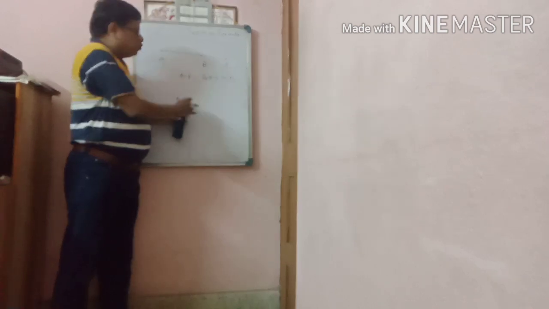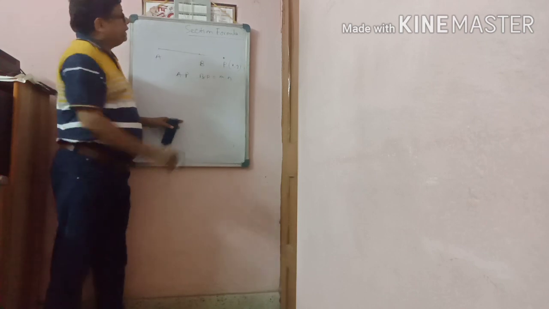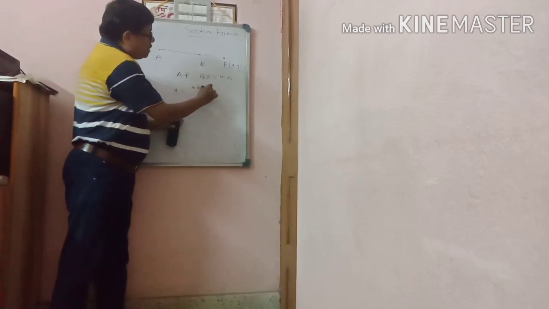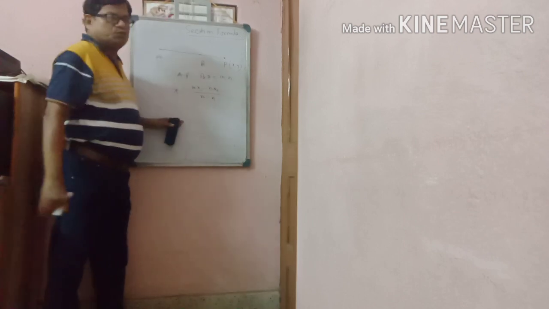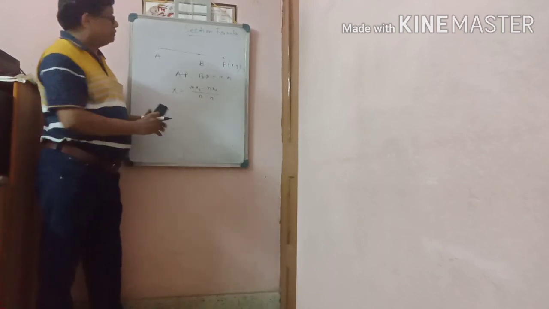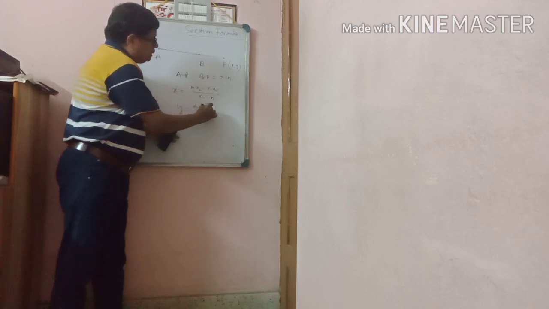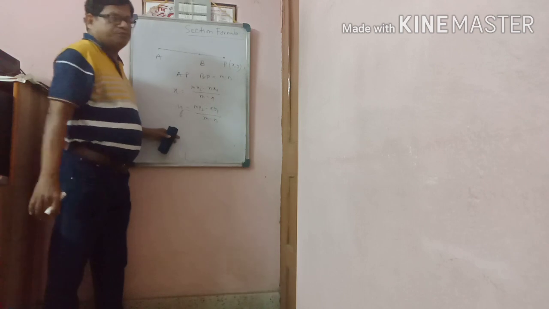So you put the coordinate of P as X, Y. Then X equal to mx2 minus nx1 by m minus n. Here the sign will be negative, and y equal to my2 minus ny1 by m minus n.